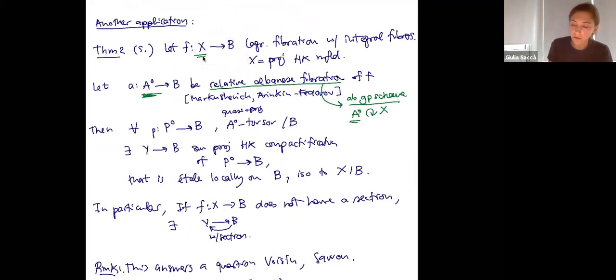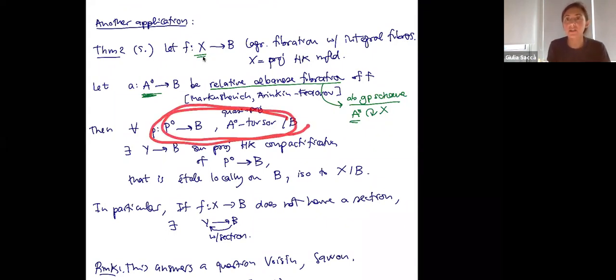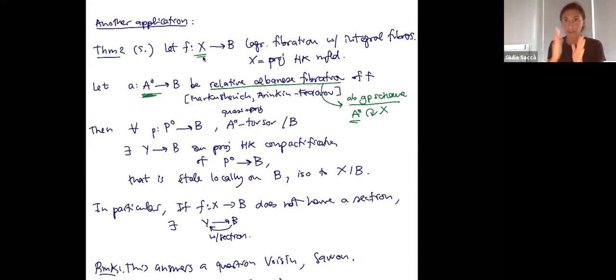Or instead of taking compactifications of the torsors of A, I take compactifications of families of things that are isogenous to A0. So instead of having something that is locally isomorphic, I just have a finite morphism.